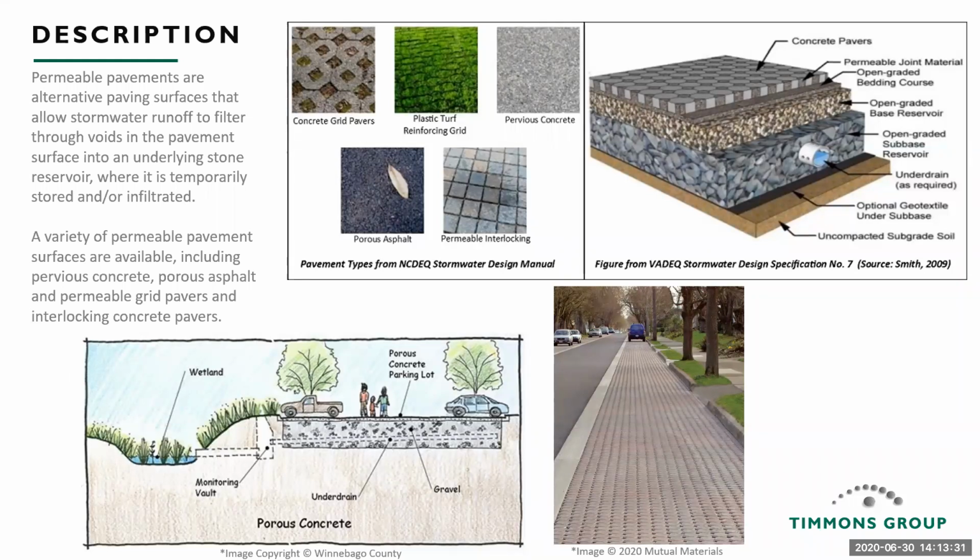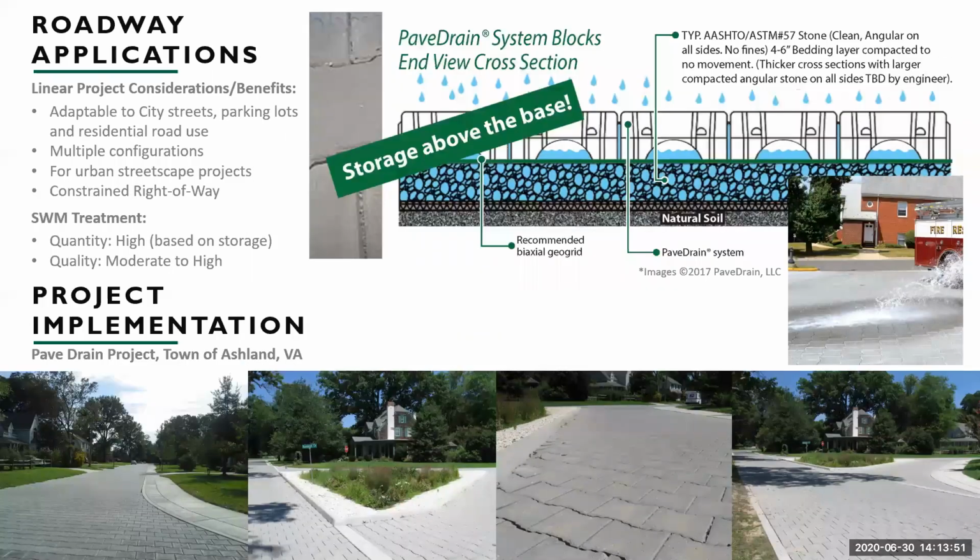There's a lot of different applications with pavers and or porous asphalt or permeable concrete. There's a variety of different ways that you can configure this. But some of the benefits of this, they can obviously provide some water quality and quantity benefit, as well as they can provide a channel protection and flood mitigation benefit.